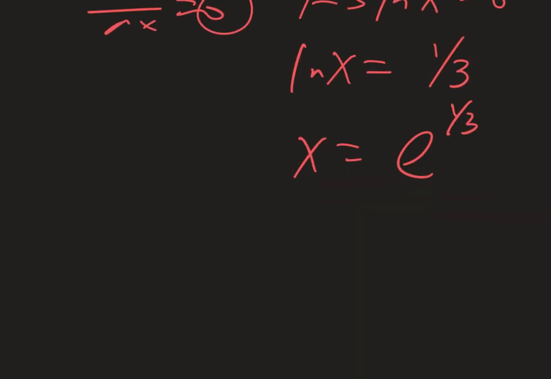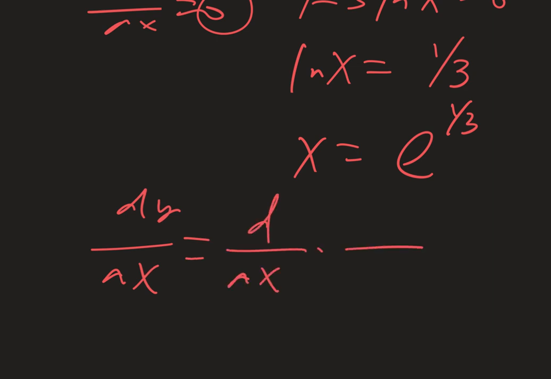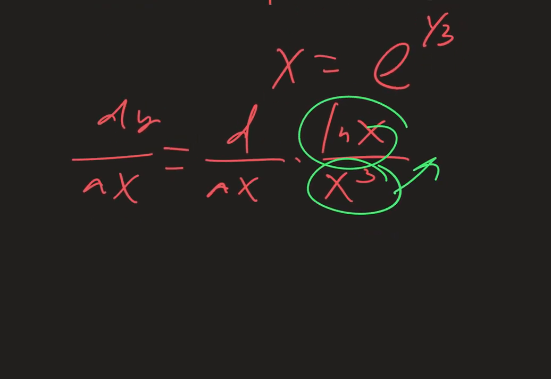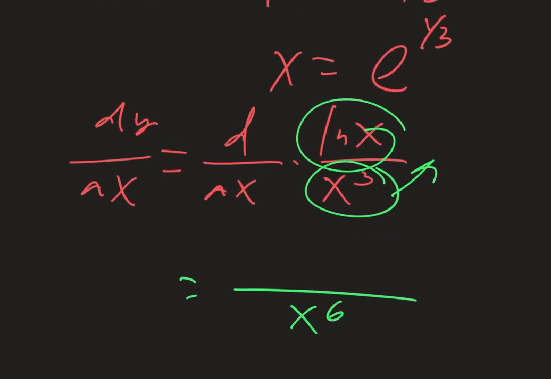However, I would definitely love to differentiate this because it is very simple. So dy/dx itself becomes d/dx of ln x over x cubed. You can apply the quotient rule. The bottom is x to the power 6, because it is x cubed squared. The top one is 1 over x, and you need to be very familiar with this rule, times x cubed, and you have a minus in front.